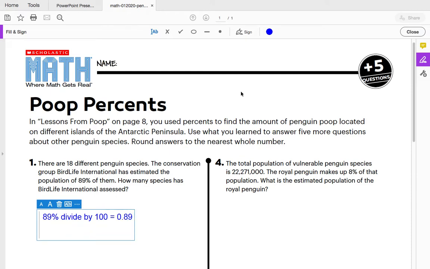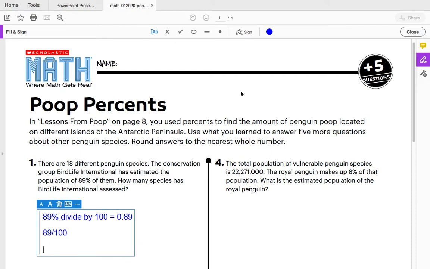Now, we know this because if we showed 89% as a decimal, it would look like 89 over 100. Now that just means 89 divided by 100. And if we were to do that on the calculator, you would get 0.89.